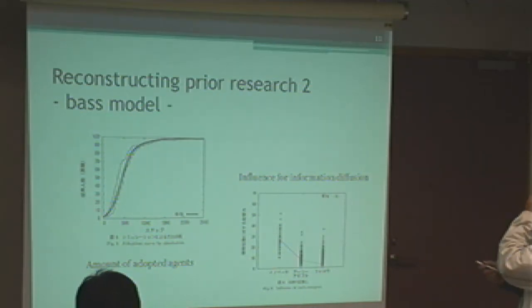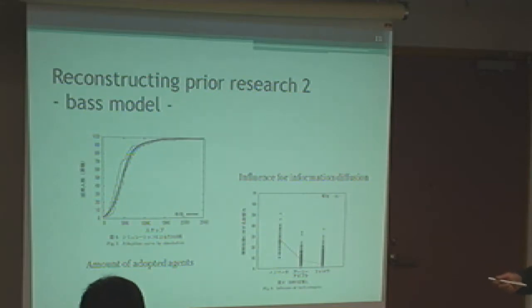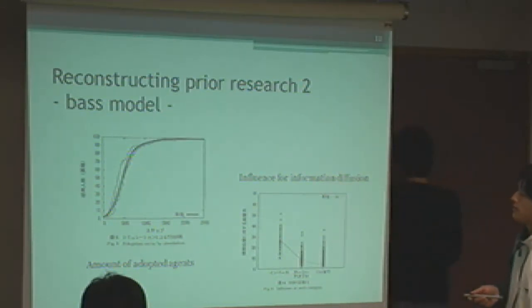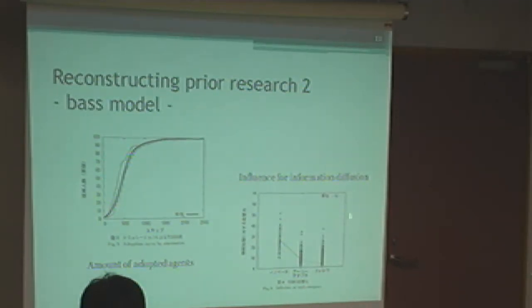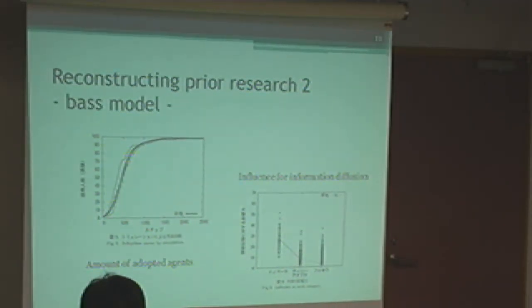And the result of the simulation is here. This shape is the typical shape of the Bass diffusion model. This axis is step, and this axis is total amount of adopters. And this figure describes influence for information diffusion.